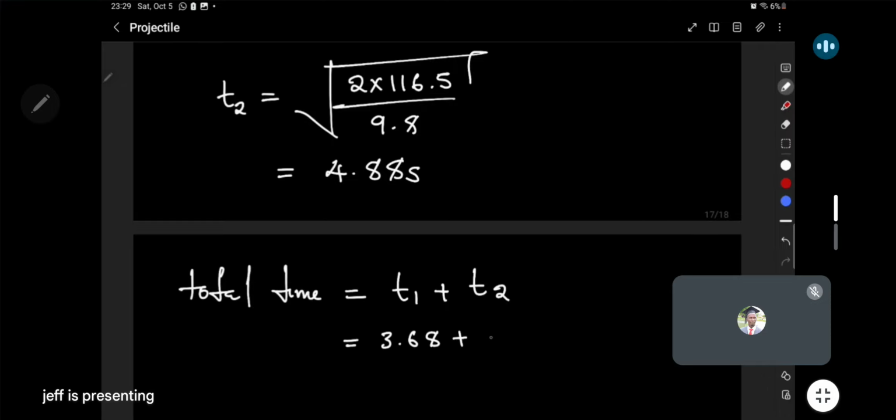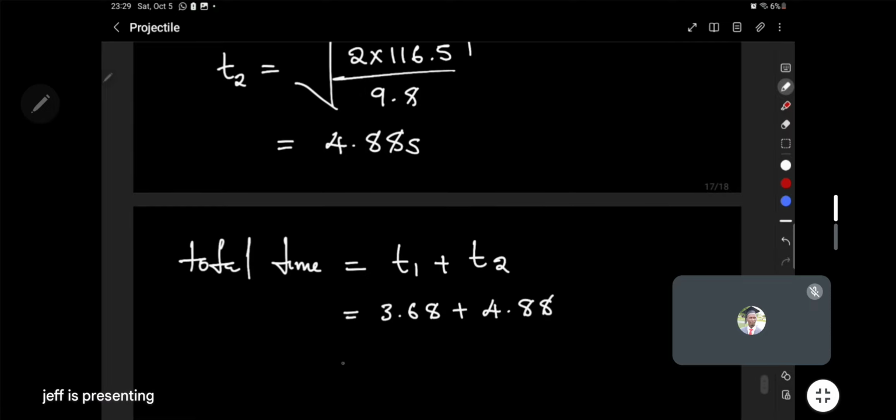Coming down, we found 4.88. What are we getting when we add them? 8.56 seconds.